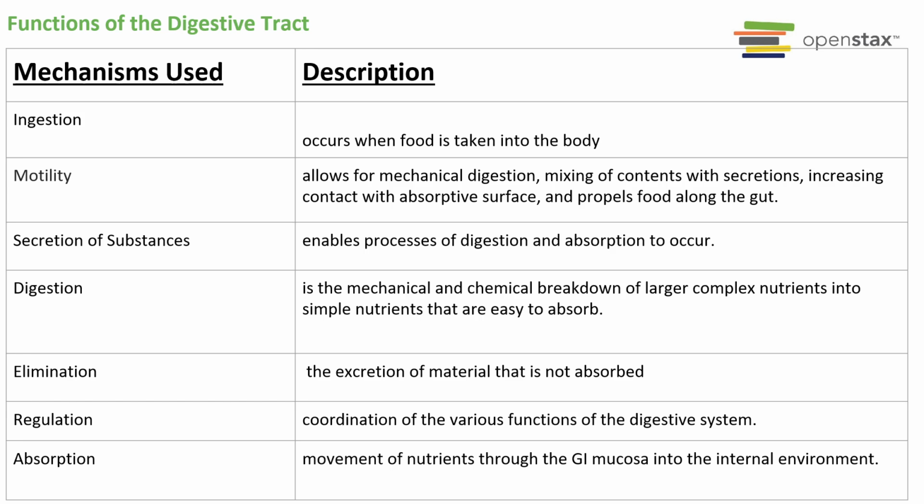Elimination, once again, that is the excretion or that elimination of material that is not digested and absorbed. Regulation, this really involves the coordination of the various functions of the digestive system. And finally, absorption, allowing for nutrients to move through the GI or gastrointestinal mucosa into the internal environment, once again, taking place largely in the small intestine.